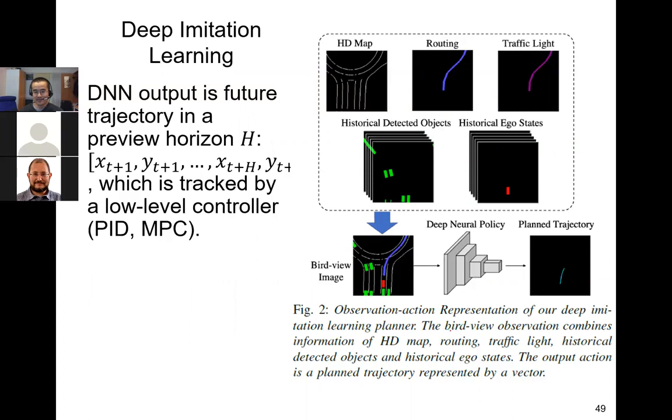So the bird's eye view observation combines information of HD map, routing, traffic light, historical detected objects, historical ego states. And then you go through a deep neural policy to get a planned trajectory, which can be tracked by a low-level controller, such as the PID or MPC.